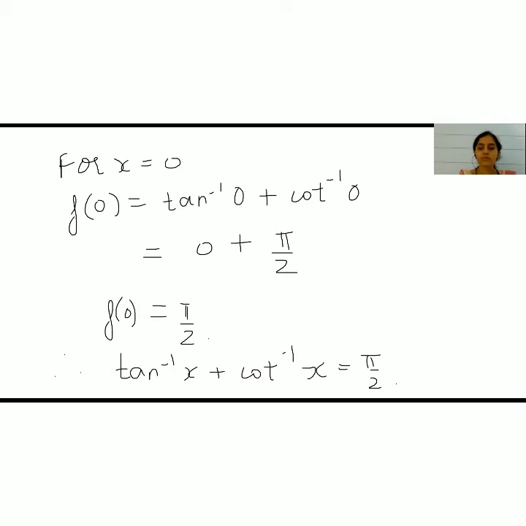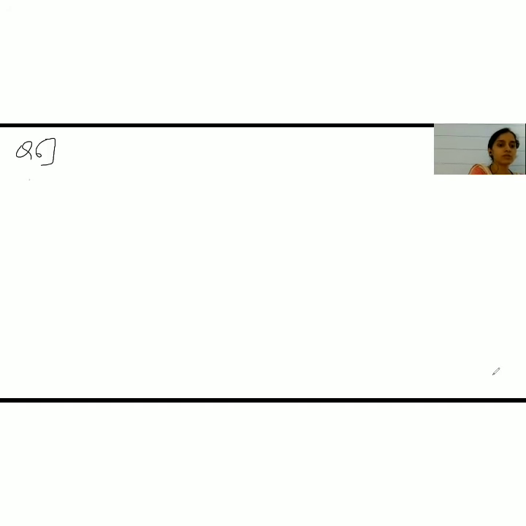So question 6 is differentiate the following with respect to x. So I take down the first function. Question 6, first one, differentiate with respect to x.